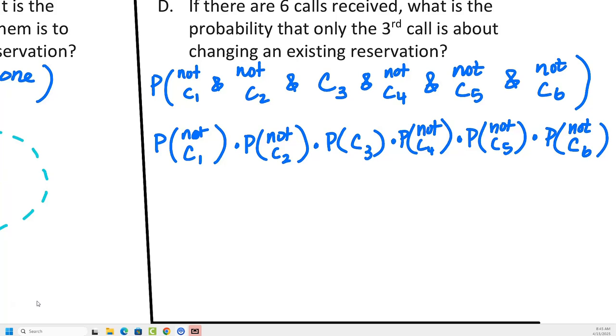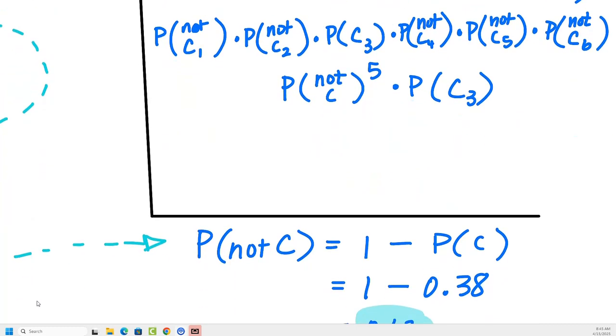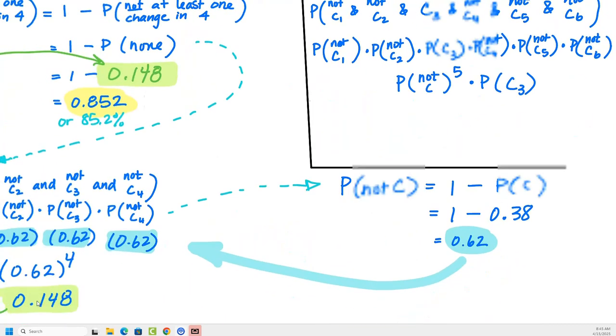Well, notice here there's 1, 2, 3, 4, 5 not C's. So we have here the probability of not C, and we'll raise that to the 5th power, times the probability of C3. Well, didn't we already figure out the probability of a not C down below?